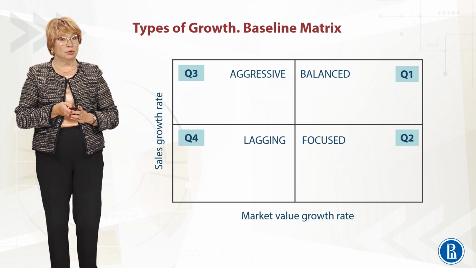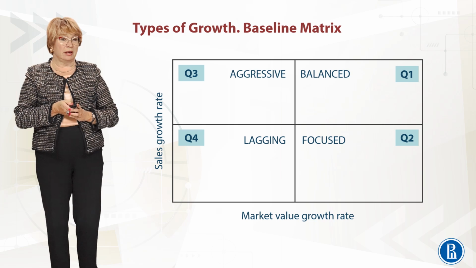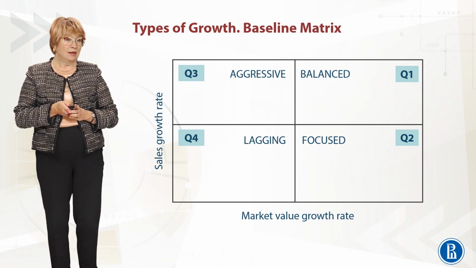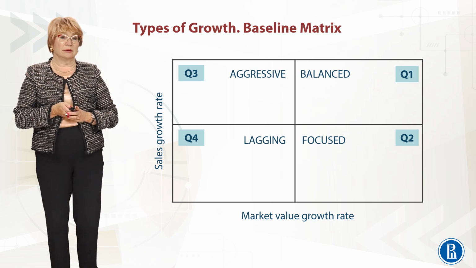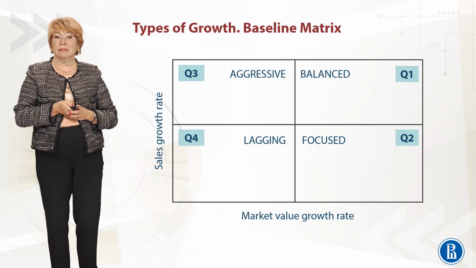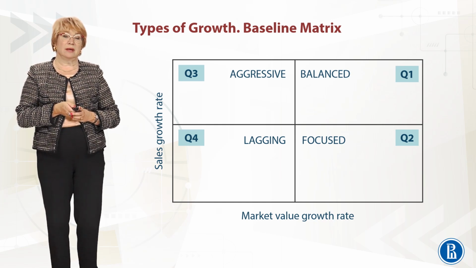How about the Q2? The second quadrant says that now we've got some companies here that are still very attractive in the capital markets for the outside investors, but they are losing some aggressiveness in their growth. They are now not among the top performers in terms of the sales growth dynamics.